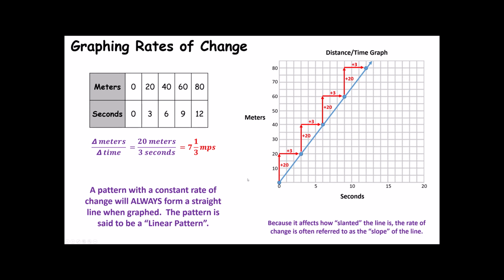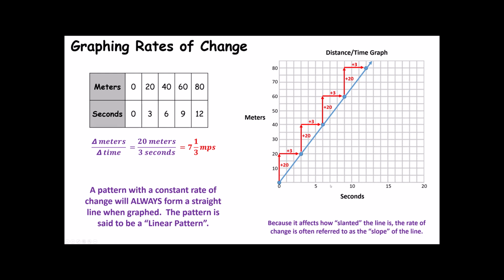Now, I spent a lot of time on this slide because there are several very important concepts we have to pick up here that are important when we begin talking about linear algebra, or the algebra of linear relationships. And that is this: the rate of change, the slantedness, and the slope are all three ways of describing the same thing.